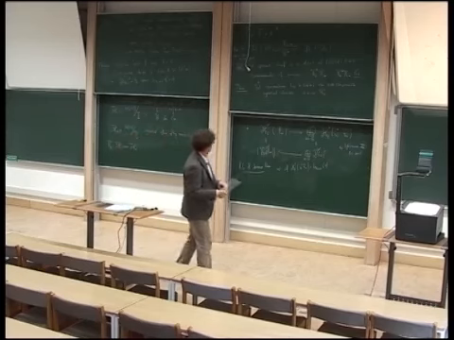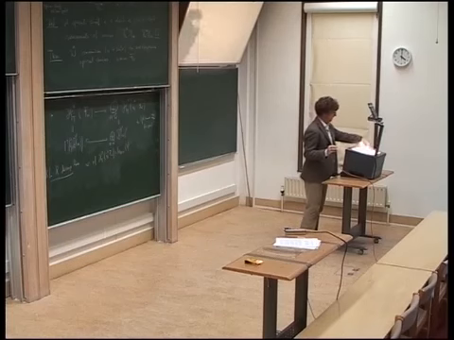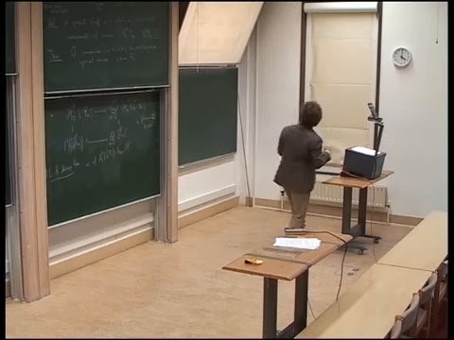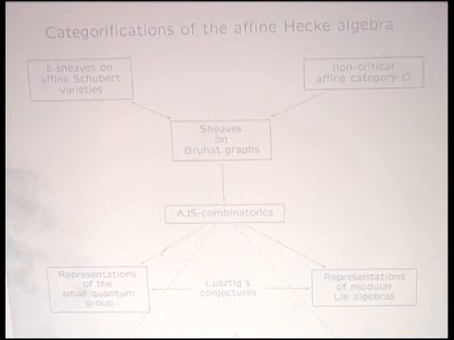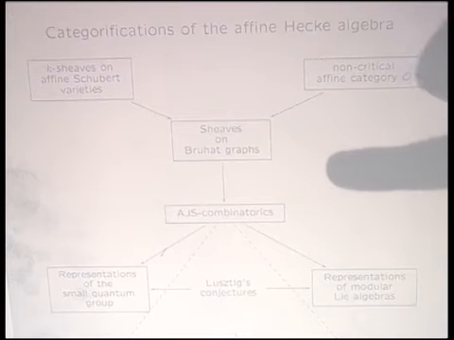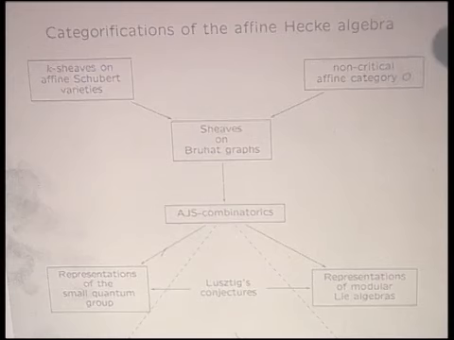There's a certain research program that I'm following, and it looks like this. Using these moment graphs that you see here, or Braden-MacPherson graphs in the middle, you can connect various topological and representation theoretical categories.